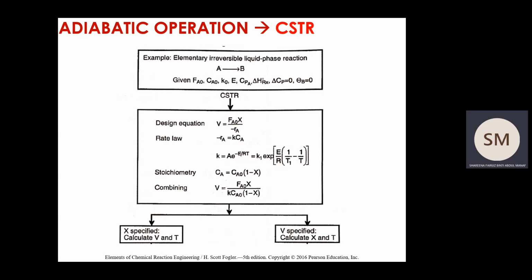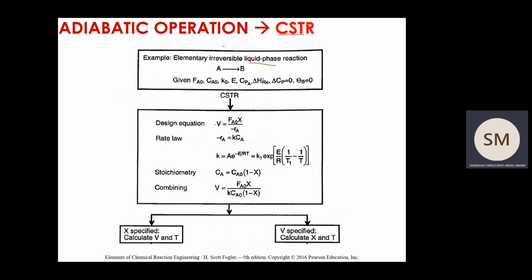So for example, this is an elementary irreversible liquid reaction. We have A to B. The rate law is negative r_A equal to kC_A, and it is in liquid. Assume this is in a CSTR. So first you start with the design equation according to the type of reactor.